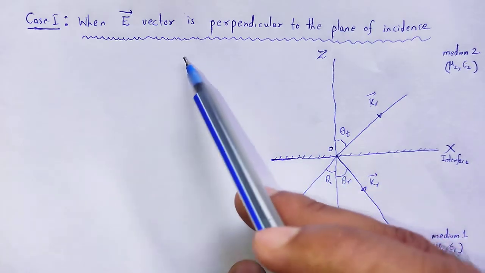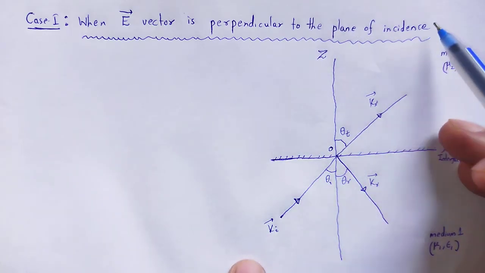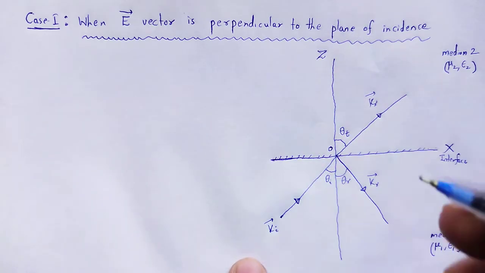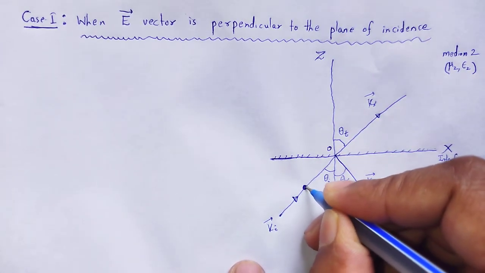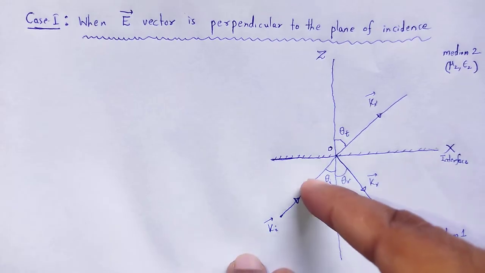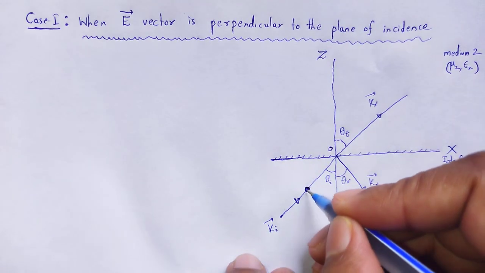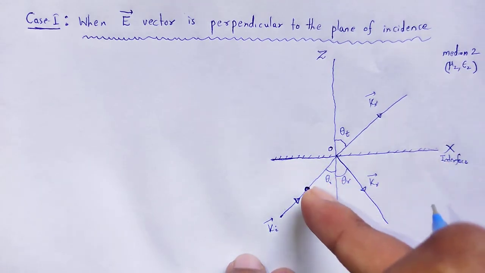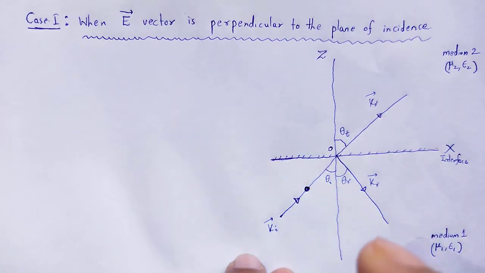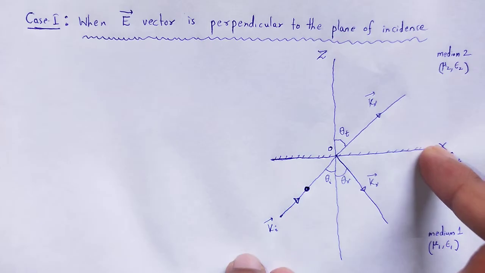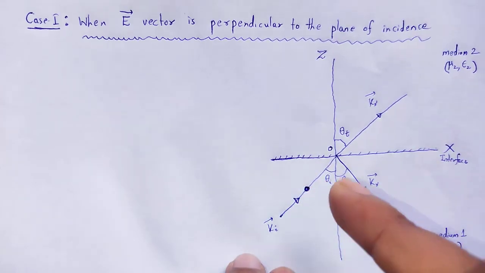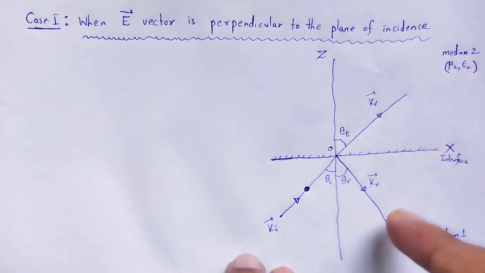If we choose the E vector perpendicular to the plane of incidence, here we take the E vector. The dot sign indicates that the E vector is perpendicular to the plane of incidence, pointing out of the plane of the paper.